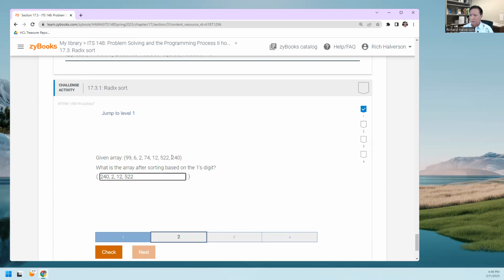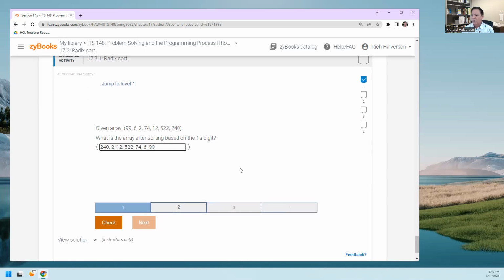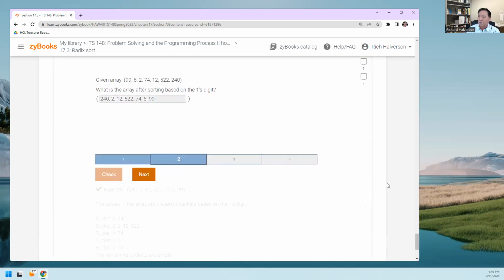Okay, that takes care of the 2s. Are there any 3s? No. Any 4s? Yeah, 74 is a 4. And then 5, 6 is 6. 7, 8, and 9 is 99. All right, so I think that's the answer. Okay, what's the next one?